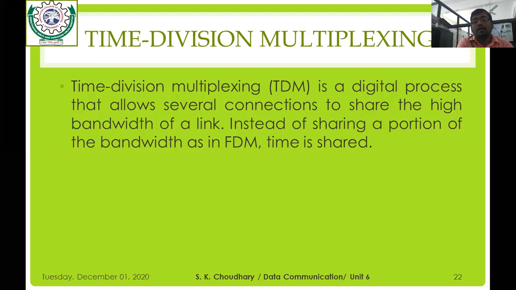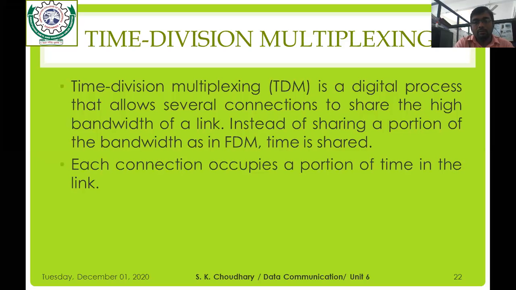TDM is a digital process that allows several connections to share the high bandwidth of a link. Instead of sharing a portion of bandwidth, as in FDM, here time is shared, and each connection occupies a portion of time in the link.